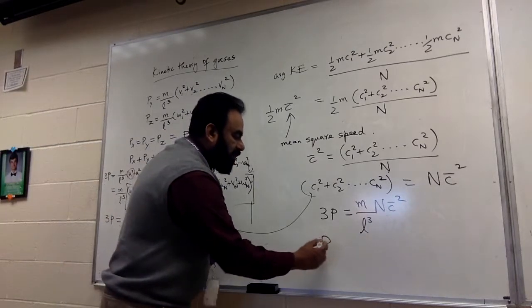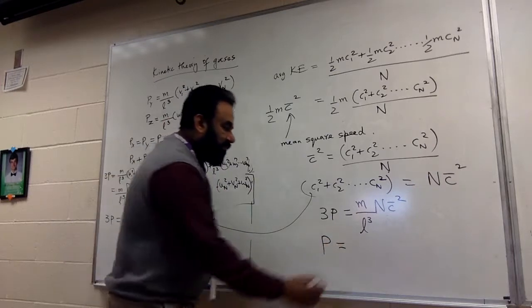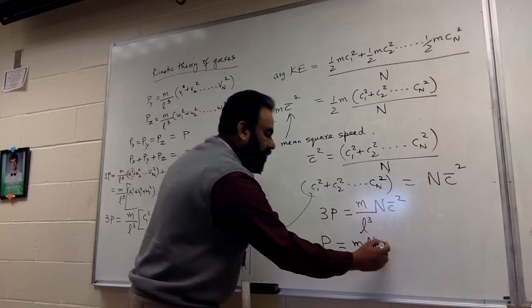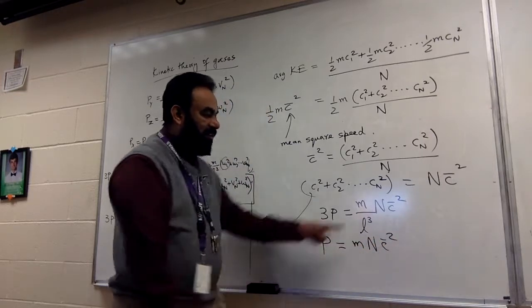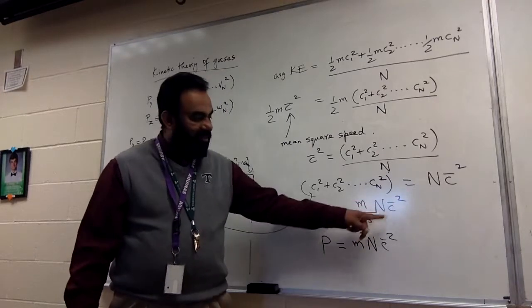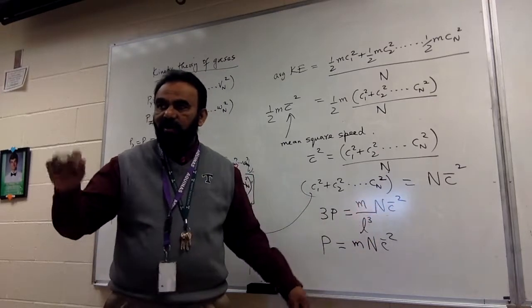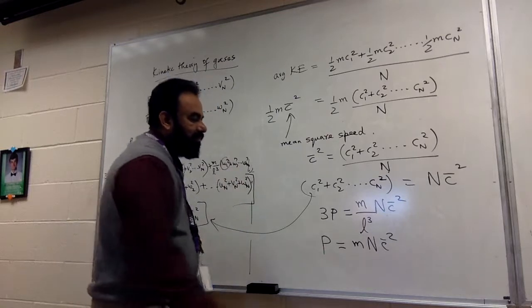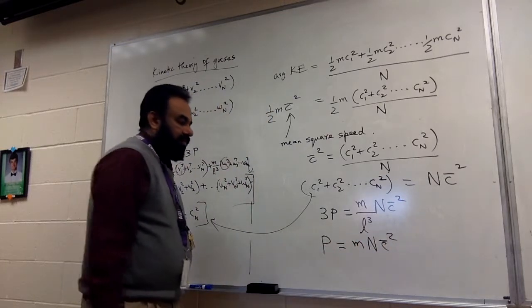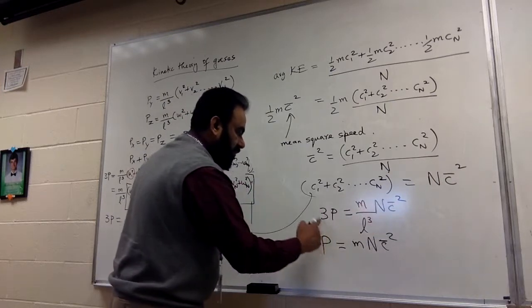And now what is pressure therefore? M n C bar square over... Remember, it's not C to the power of -2. It's a little confusing. It's not C to the power of -2. It is C bar square.